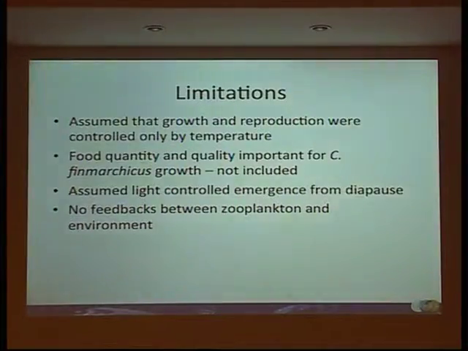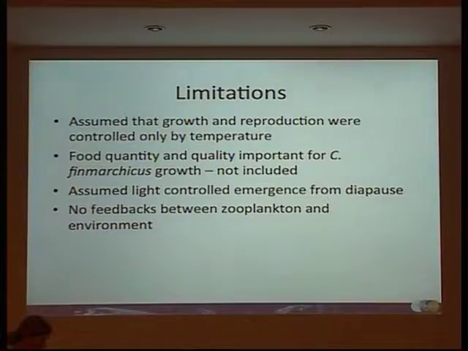It assumed that light controls emergence from diapause. We don't really know what controls things like that. And other animals have different behaviors, in terms of activity, that are related to seasonal cycles. And in this particular case, there's not any feedback between the zooplankton and its environment. It's not extracting food from the environment or giving food back.